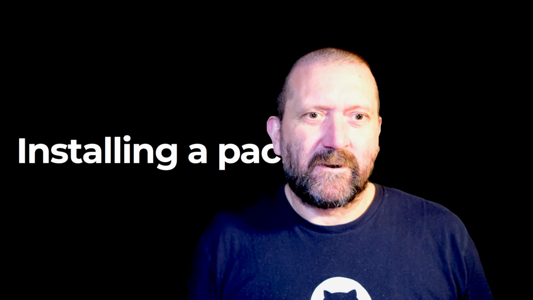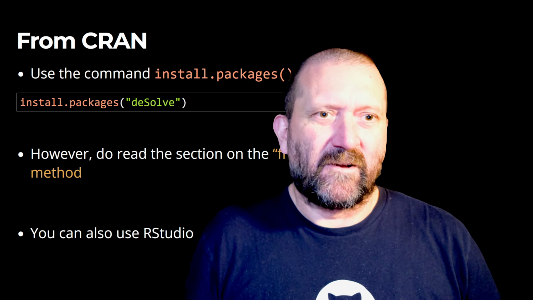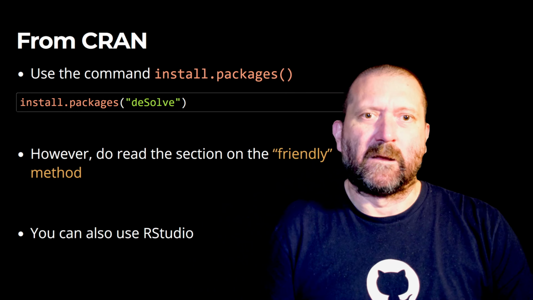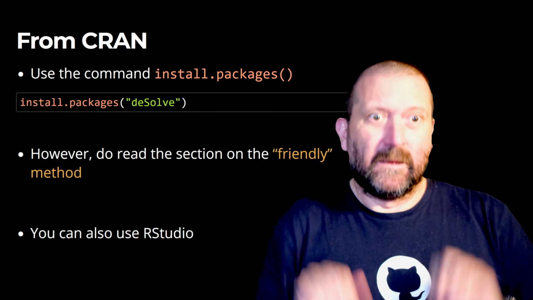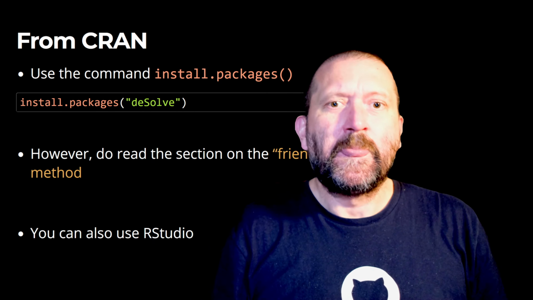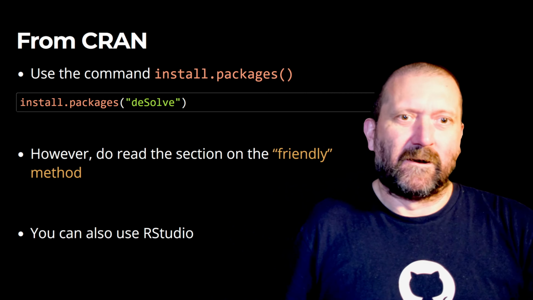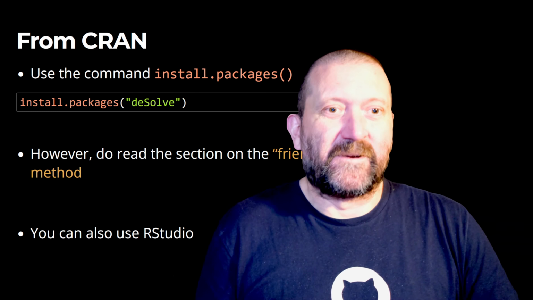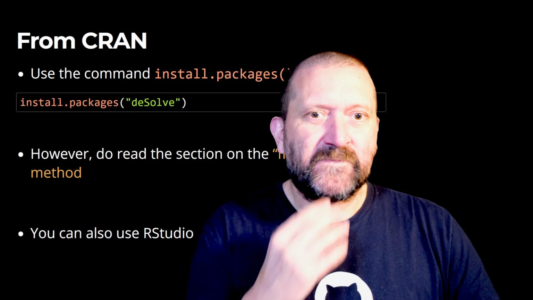So how does one install a package? From CRAN, the typical method is using the command install.packages and the name of a package between quotation marks or single quotation marks. They don't have to be double. So for example, deSolve, the package I was talking about for differential equations, if I wanted to install it, this is how I would do it.